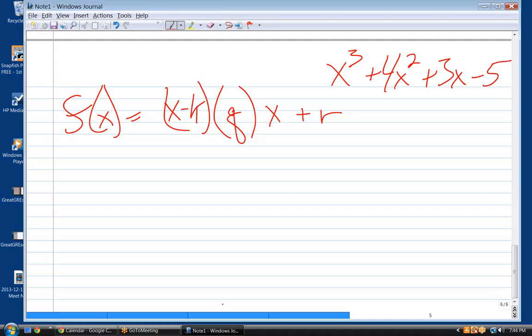The q doesn't have parentheses, and the x does, but that's when k equals 1. The r is separate. The r is not inside the parentheses? No. When k equals 1.